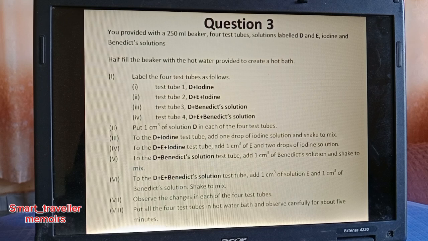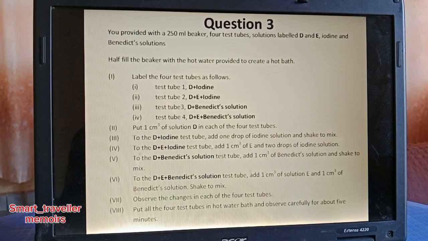And to the D plus E plus Benedict solution test tube, add 1 cubic centimeter of solution E and 1 cubic centimeter of Benedict solution, shake to mix. Observe the changes in each of the 4 test tubes. Put all the 4 test tubes in hot water bath and observe carefully for about 5 minutes.